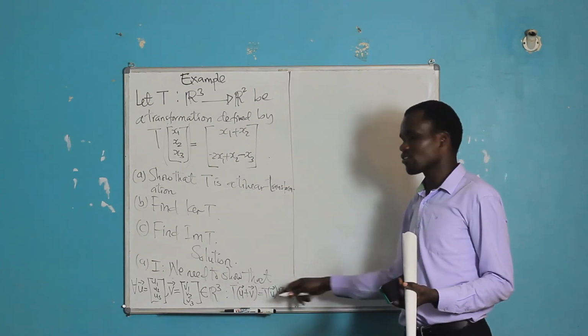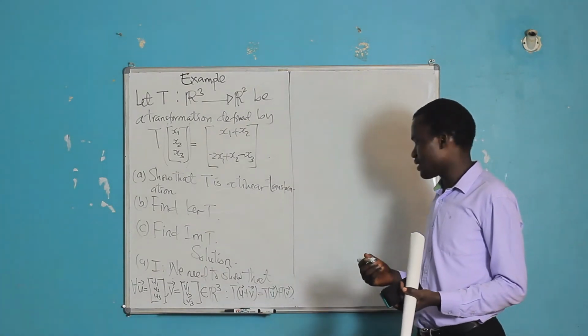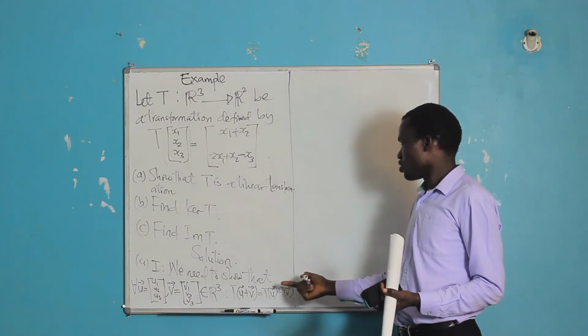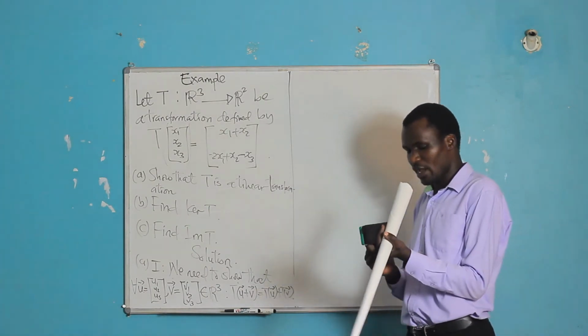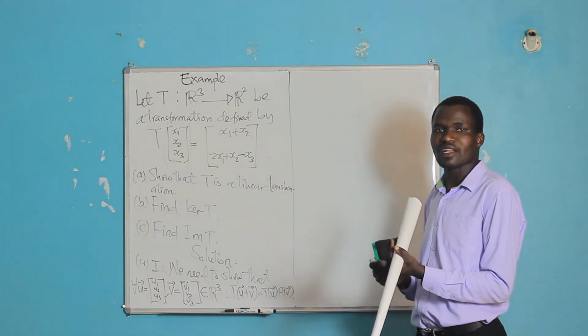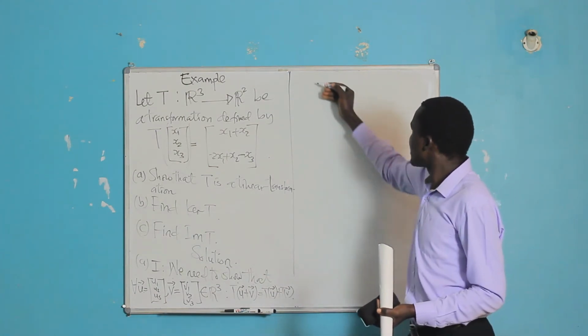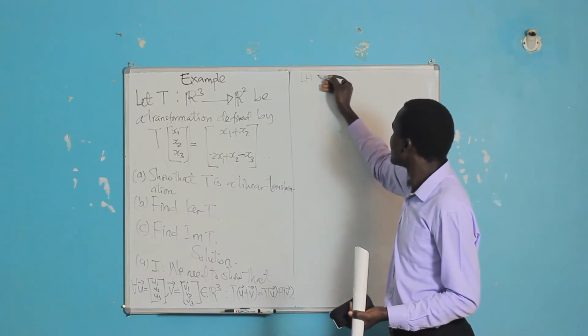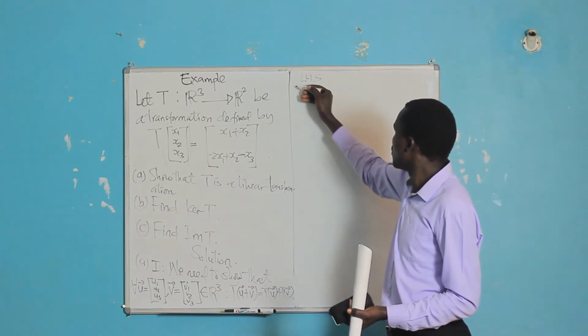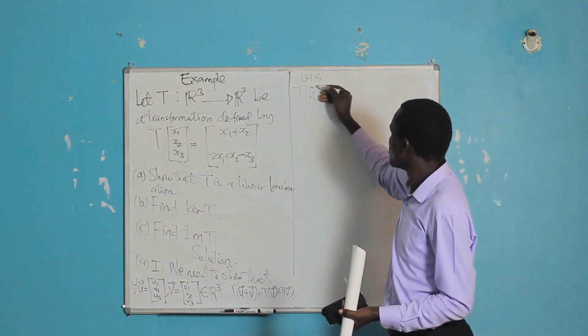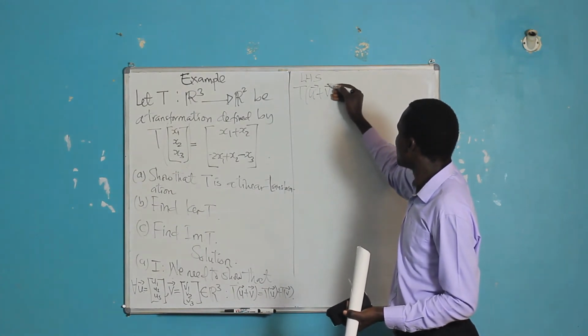This property has two sides, left hand side and right hand side. So to show that this property is satisfied, we need to check that both the left and the right hand side are equal. Start with the left hand side, which is T of vector u plus vector v.